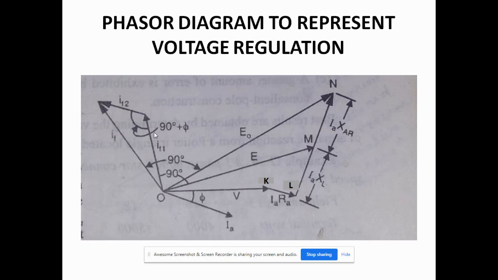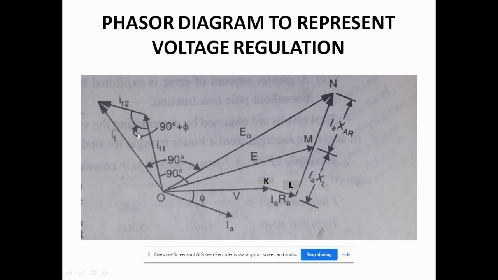So you can see here we have a field current phasor, that is IF1. So this IF1 is nothing but the field current which is responsible to produce the voltage E across the armature. Therefore, we are representing this IF1 at an angle of 90 degree with respect to the voltage phasor E.